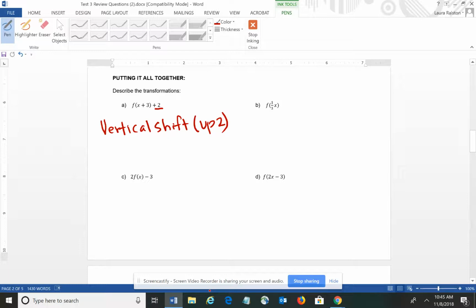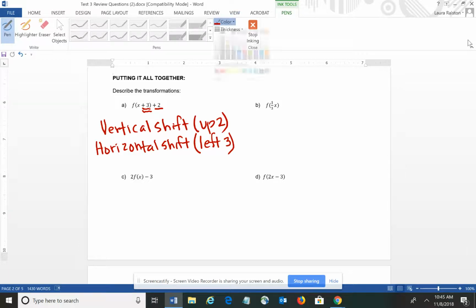The second thing that I notice is the plus 3, which is inside with the x, so it's affecting the x. So that's going to be a horizontal shift because it's with the x, and it's opposite of what we think, so it's going to go left 3. So this particular function would be shifted up 2 and left 3.